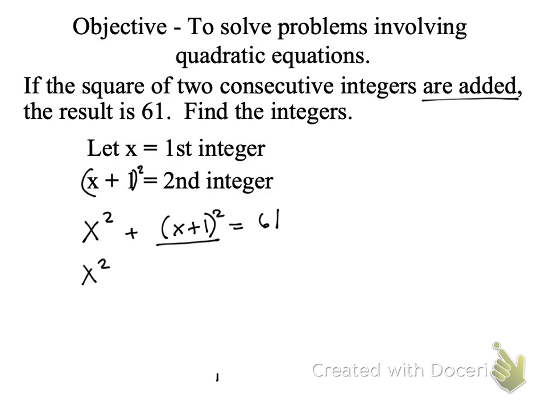Then we have to double distribute this. So I get x squared plus, remember, what does that mean to double distribute? Does it mean I do this? No. We do not distribute the exponent. It means we distribute the entire binomial.